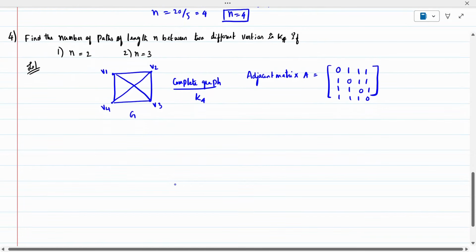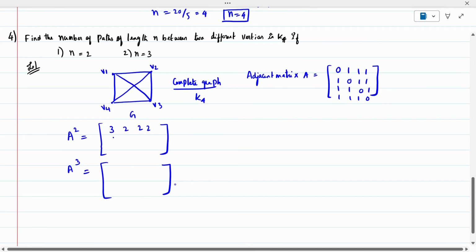Okay, now it is asked for lengths 2 and 3, which means you have to calculate A squared and A cube. It is normal matrix multiplication. A squared you can do in the calculator, A cube you do by normal matrix multiplication. Directly now I will write the answer.